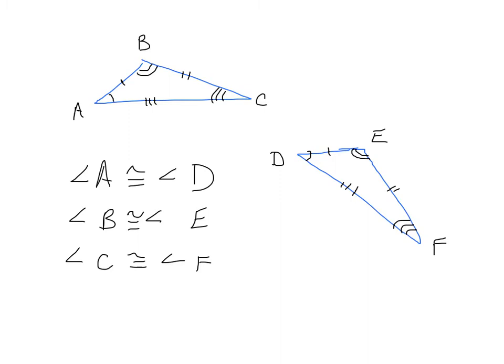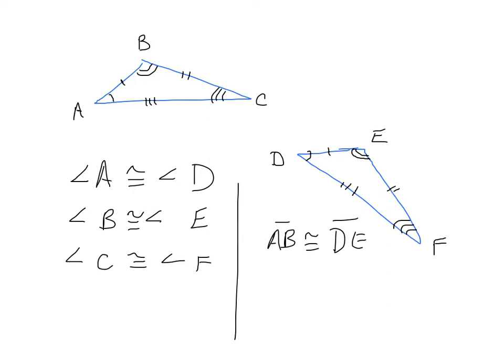All right, so let's go ahead and check the sides. And we have here that AB is actually congruent to DE. We know from the single hash mark here. So segment AB is congruent to segment DE. And we can keep going. BC and EF appear to be congruent according to our double hash mark.